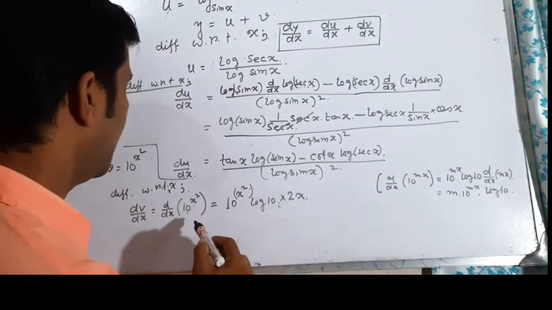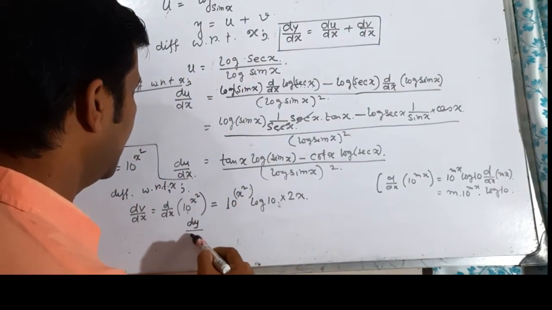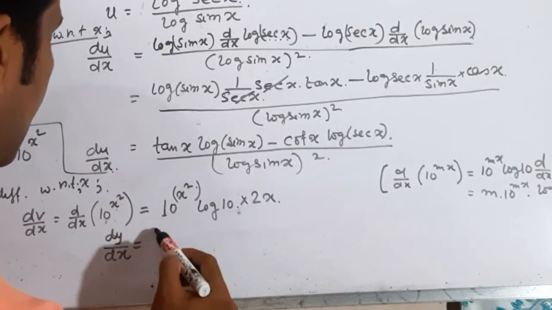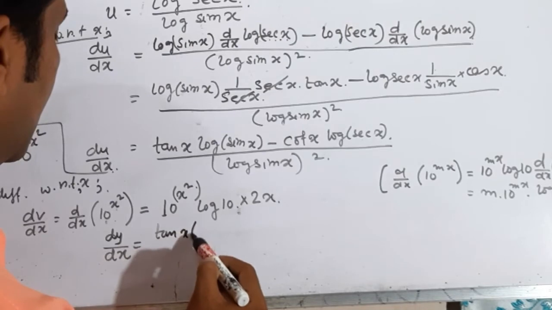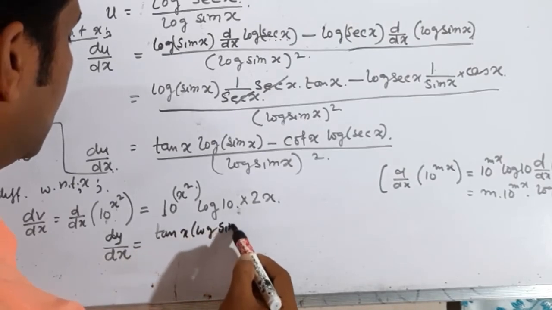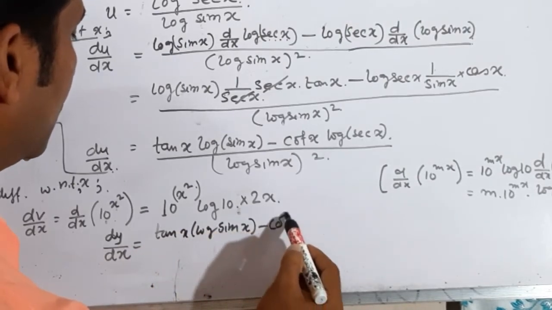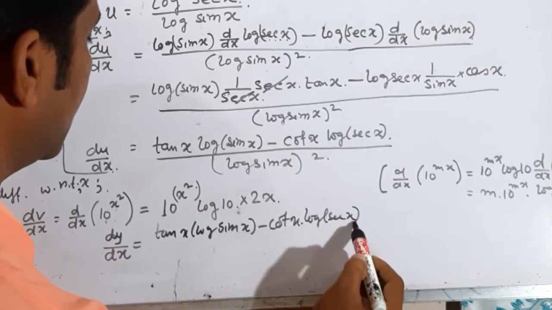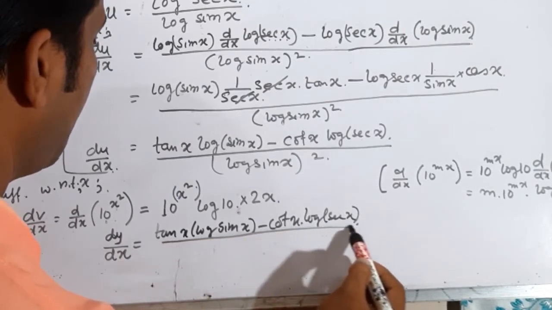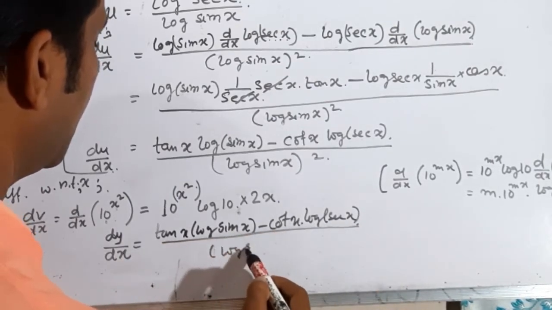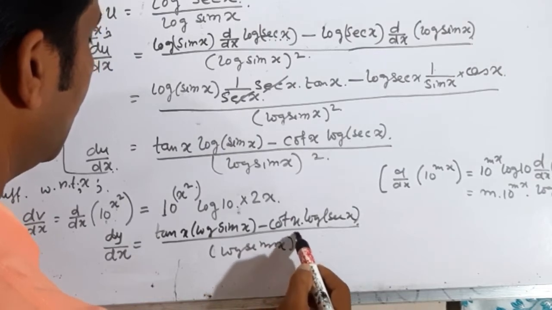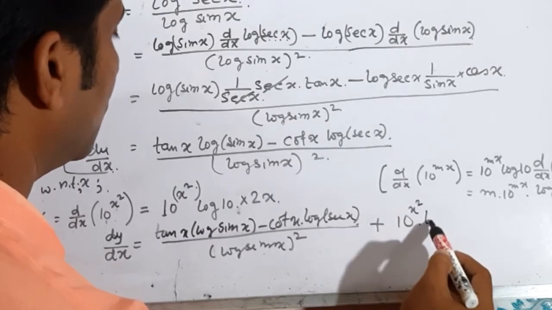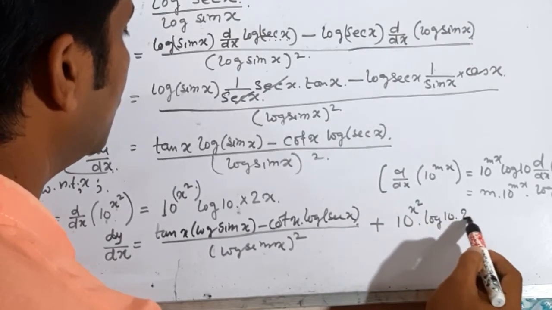Then our required result is dy/dx is equal to du/dx means tan x log sin x minus cot x log sec x by log sin x whole square, plus 10 to the power x square log 10 into 2x.